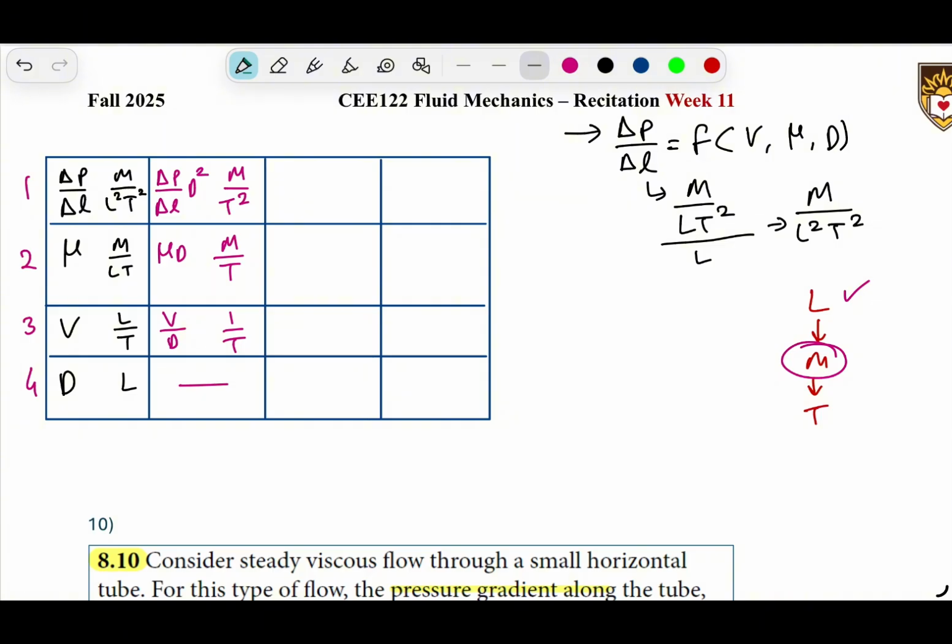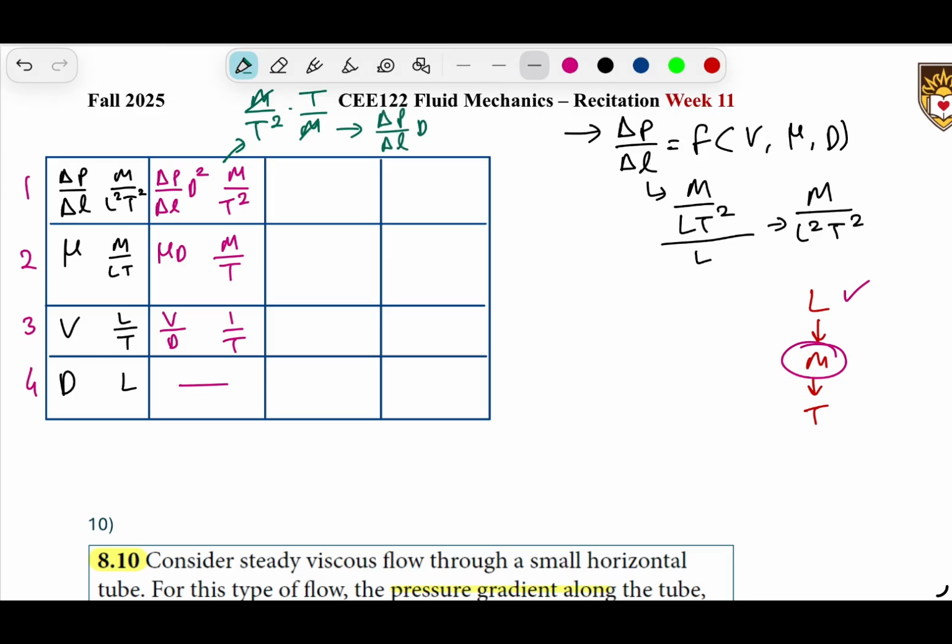We need to eliminate m. So for example, in the first variable, we have m over t square. So if we use m over t, then we can get rid of m. So we need to divide this first variable with m over t. So basically it will be something like t over m. So we will get rid of m with following that.